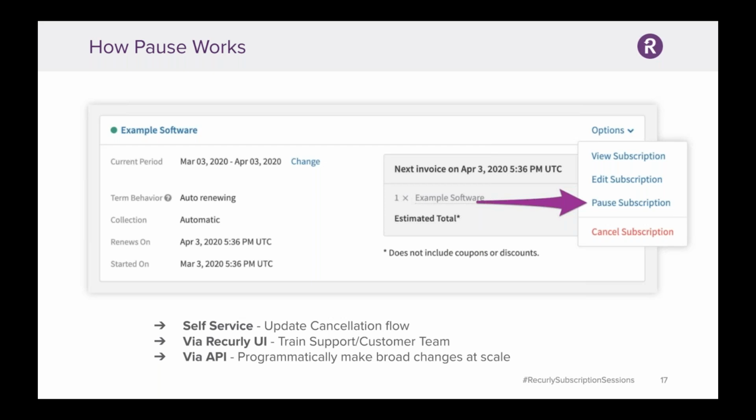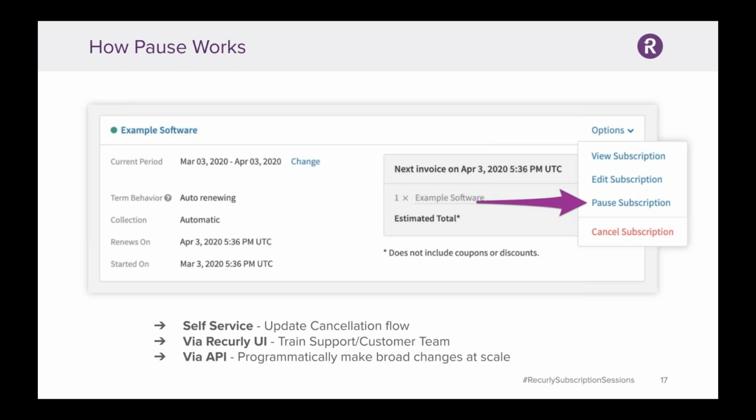And as Lucian indicated, as an example, Recurly powers a wide variety of merchants, and one of our merchants provides a subscription service for a theater chain. Of course, with COVID, the theaters are closed. They simply cannot provide any value based on the subscriptions.